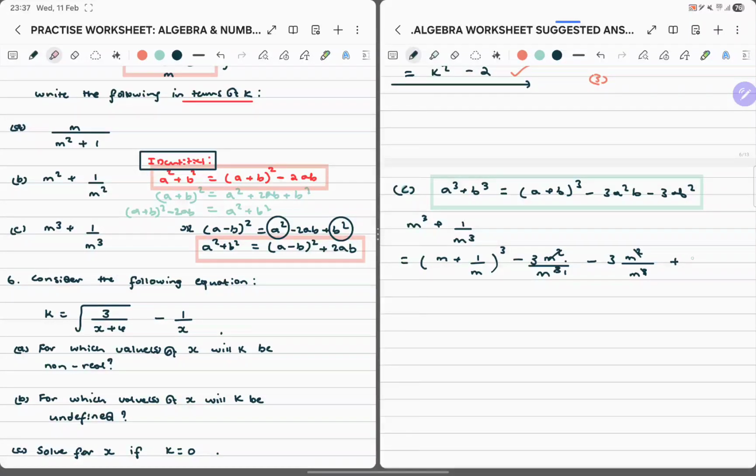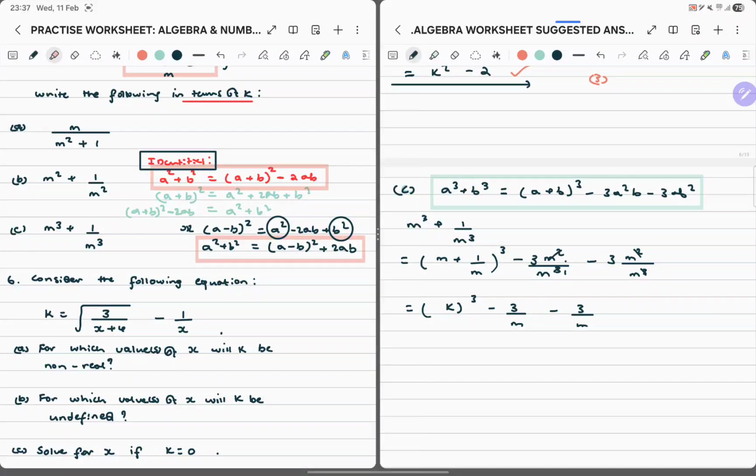Okay guys, let's finish. Actually we are done over here now. So we go on and say, what was this? m cubed minus 3 over m minus 3 over m.